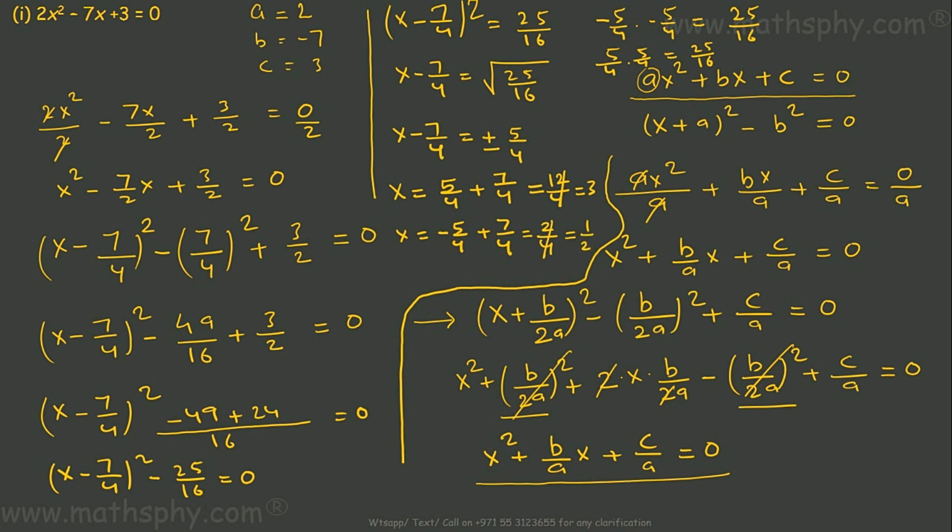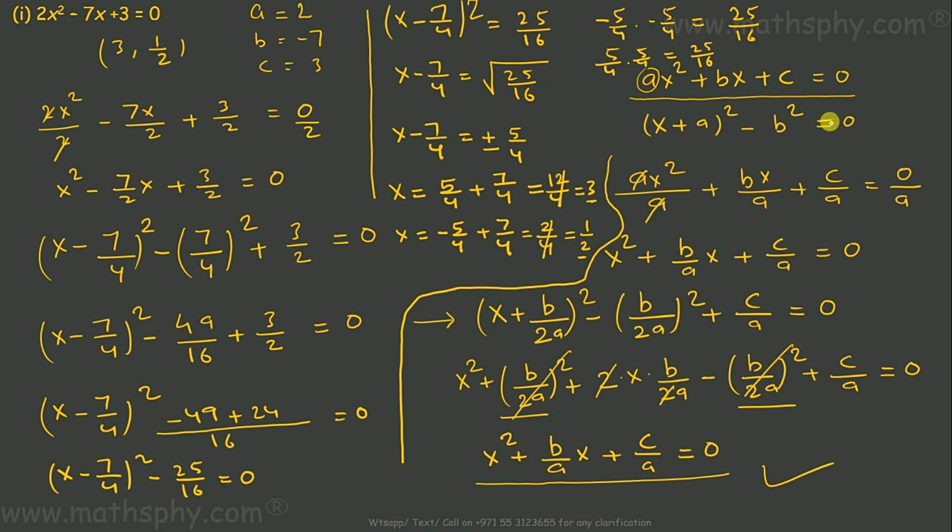So now x is equal to 3 and x is equal to 1 over 2. So roots for this quadratic equation would be 3 and 1 over 2. Now you can see here the result is roots are 3 and 1 over 2.